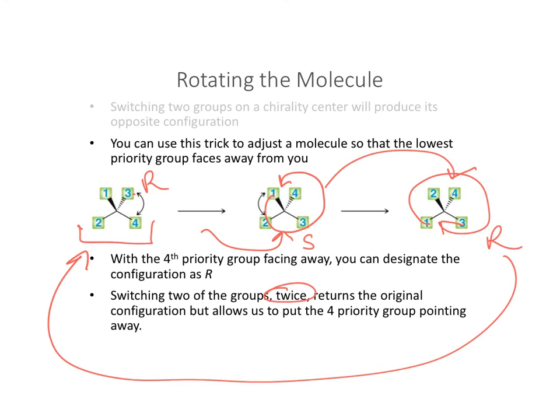The first thing is you need that lowest priority group on the dashed bond pointing back. If you switch two groups to do that, whatever configuration you get will be the opposite of what it is. However, if you make another switch, a second switch, then the configuration you get will be the same as the original depiction. Personally, I will just switch it once and know that my answer is the opposite of what I'm getting, rather than doing two switches, but either way works.